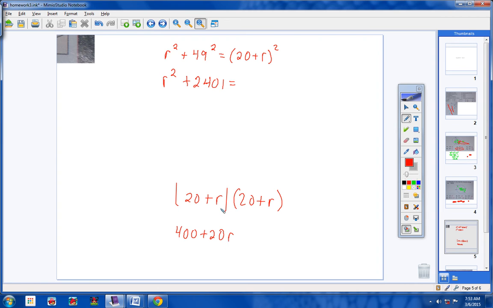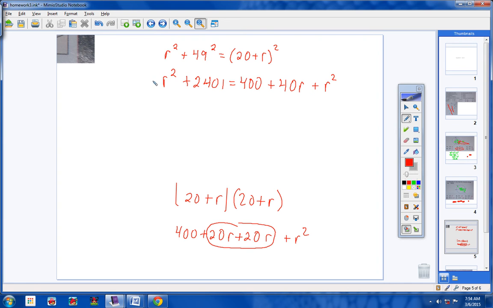Now take your R and multiply it through, okay? R times 20 is 20R, and then R times R is R squared, okay? And you've got two like terms you can combine. So what you end up with is 400 plus, please do not put 40R squared. It's not squared. You're just adding like terms, 40R plus R squared.